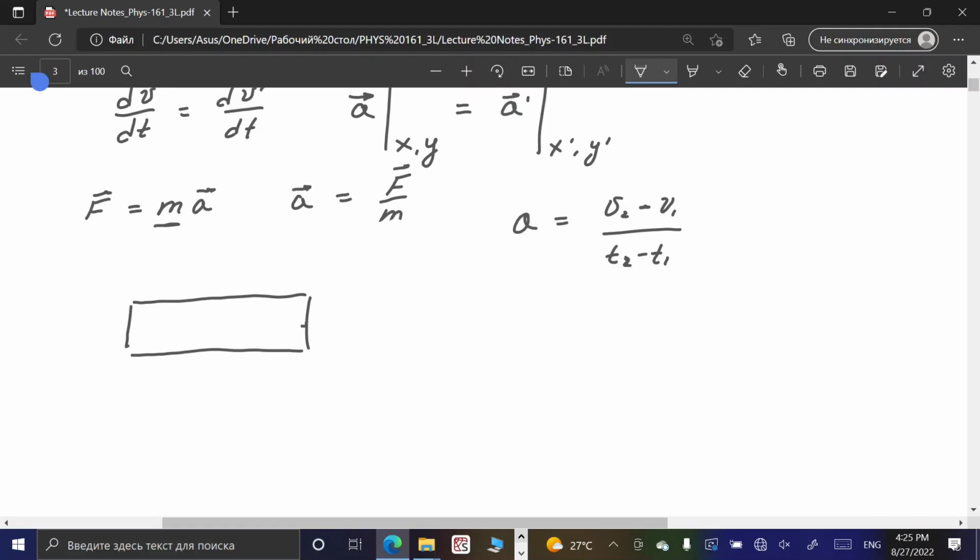you can fix with some string a block, some small mass with known mass m, and next to it there will be some so-called piezoelectric crystal, which generates some potential difference at its edges.